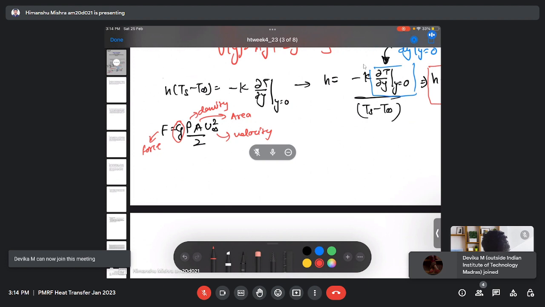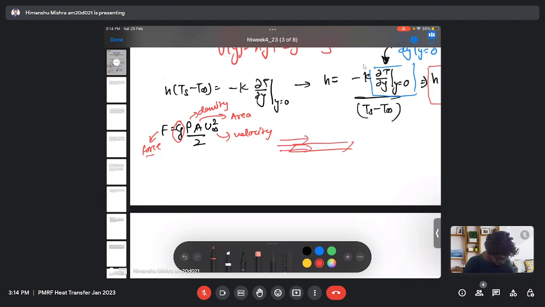This skin drag measures the drag force whenever there is a flow past the surface. When there is a flow past the surface, it will experience some kind of drag on the surface, and that drag is given by this formula.